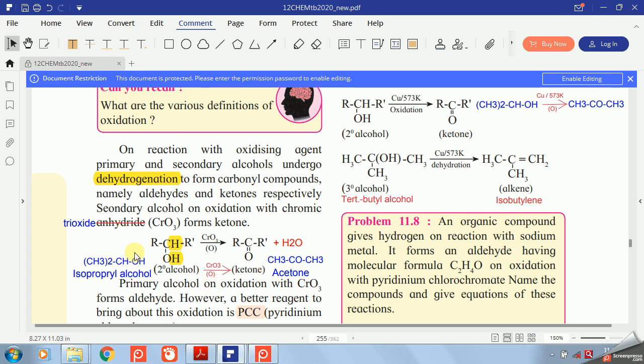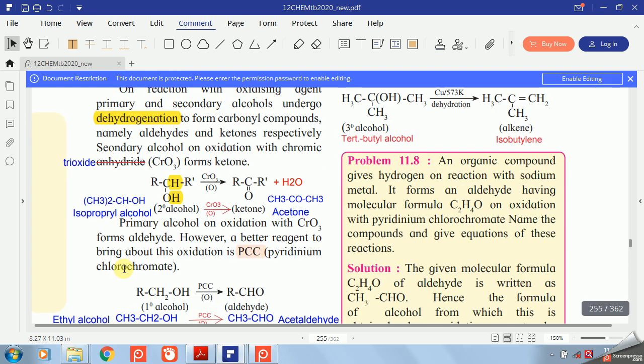And if we take a primary alcohol, on oxidation with the same reagent CrO3 it forms an aldehyde, but the better reagent is PCC, pyridinium chlorochromate.